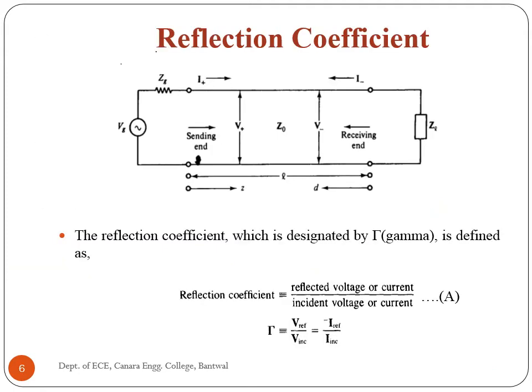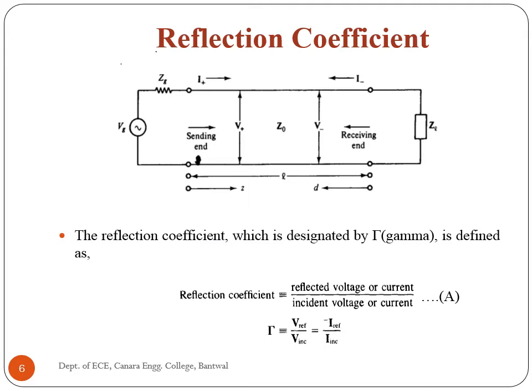Reflection coefficient is a parameter that describes how much of a wave is reflected by an impedance in the transmission medium. It is equal to the ratio of the amplitude of the reflected wave to the incident wave. In the figure, a signal source with internal impedance, possibly followed by a transmission line of characteristic impedance Z0, is driving the load ZL.